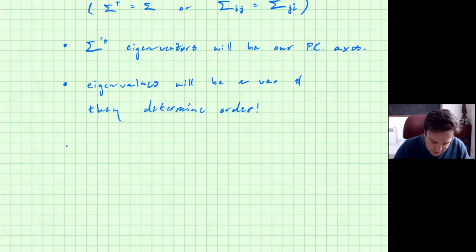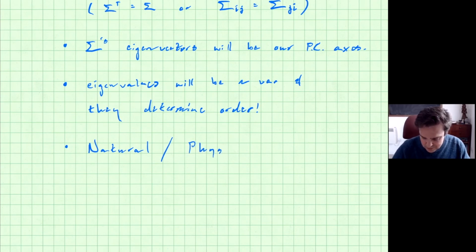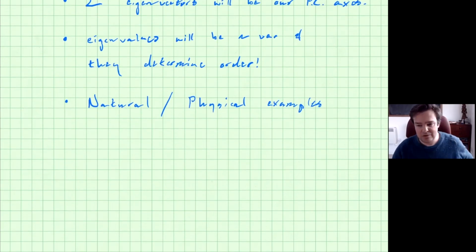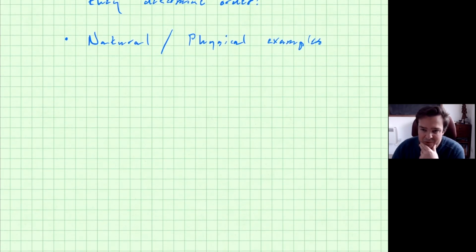And I just wanted to finish with some natural or physical examples. This stuff that we're doing, it's not really just statistics. It's used in lots of different fields by different names.